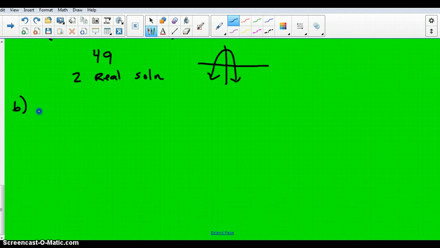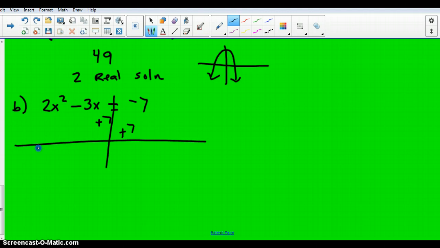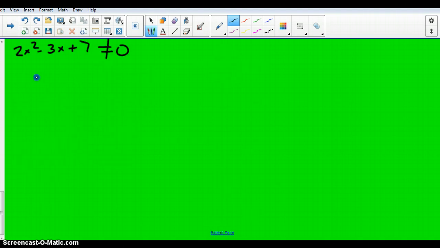B, you do this one. 2x squared minus 3x equals negative 7. You have to set it equal to 0 first, so you add 7 and you get 2x squared minus 3x plus 7 equals 0. Then, some of you made this mistake.